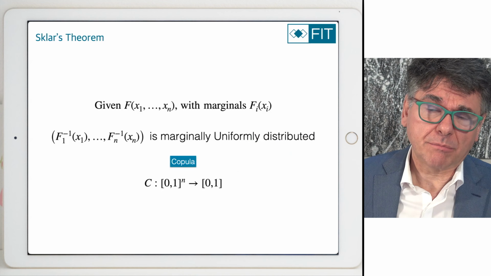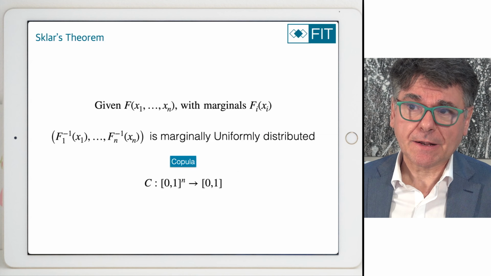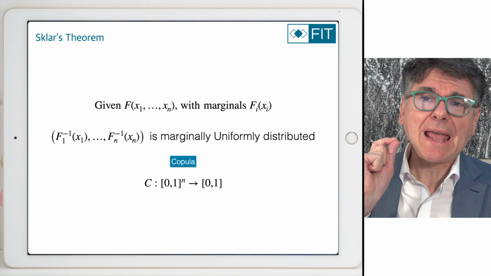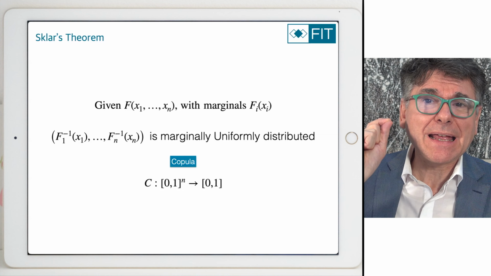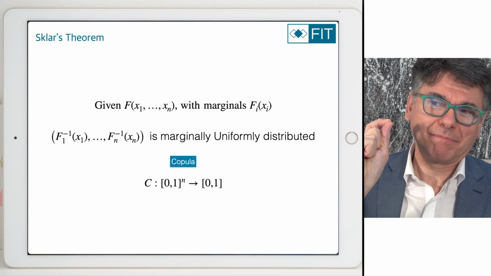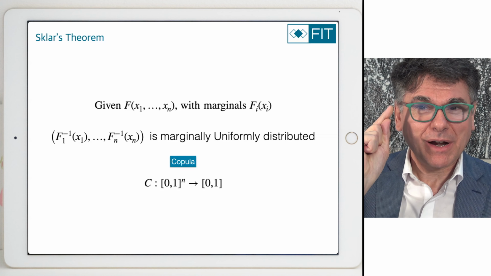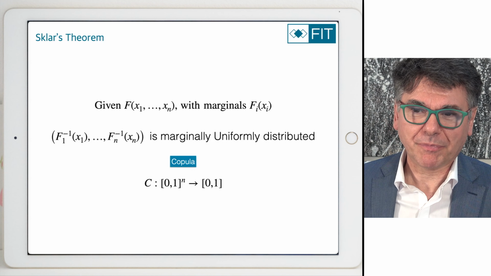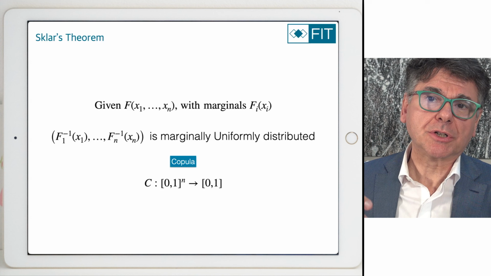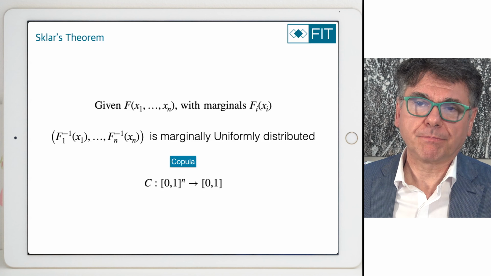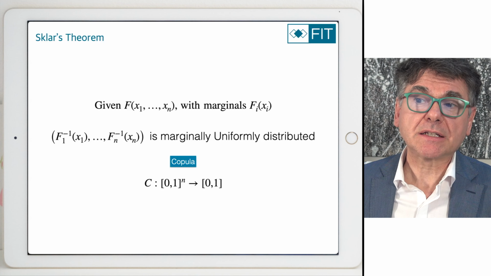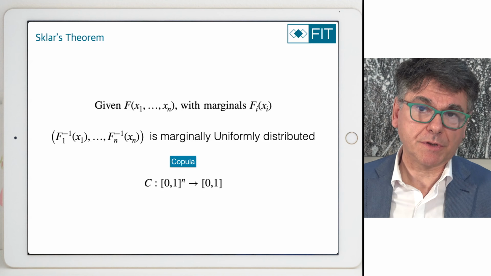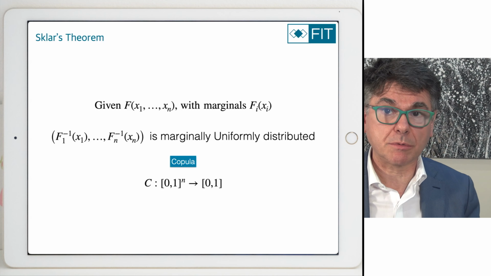Now, Sklar's theorem in this context says that if you have your cumulative distribution and you take the inverse mapping, the one that you have on the screen, with each of the marginals of your distribution, the result that you get is marginally uniformly distributed, which means that the marginals of this distribution are uniformly distributed.